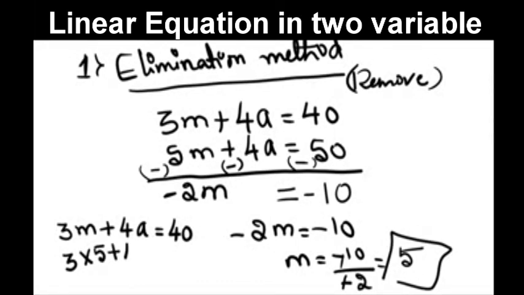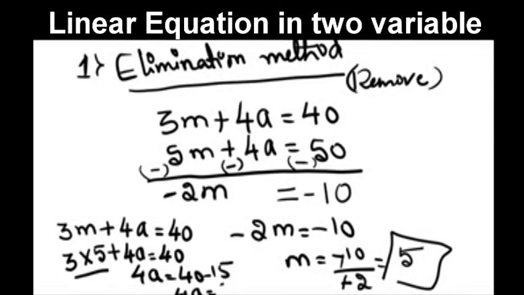So 40 minus 15 is 25. So the value of a is 25 by 4. This is the easiest method, the elimination method.